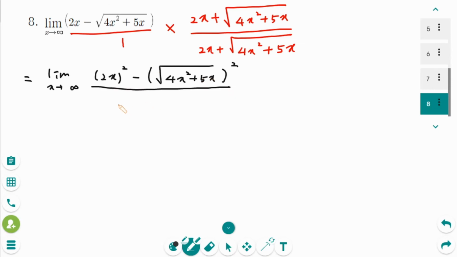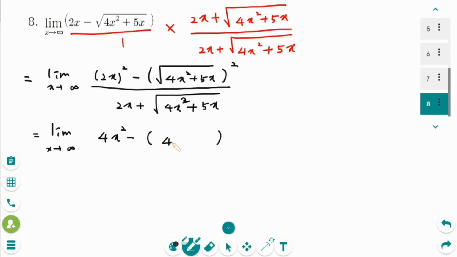Over the same 2x plus square root of 4x squared plus 5x. This one is 4x squared minus the inside, 4x squared plus 5x, over the same.